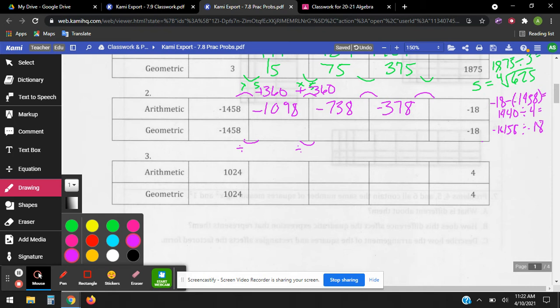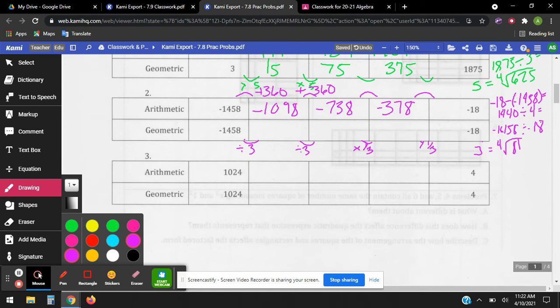So 1458 divided by 18 gives me a positive 81. The 4th root of 81 equals 3. So I'm actually going to divide by 3 or times 1/3 each time, whichever you want to look at it.